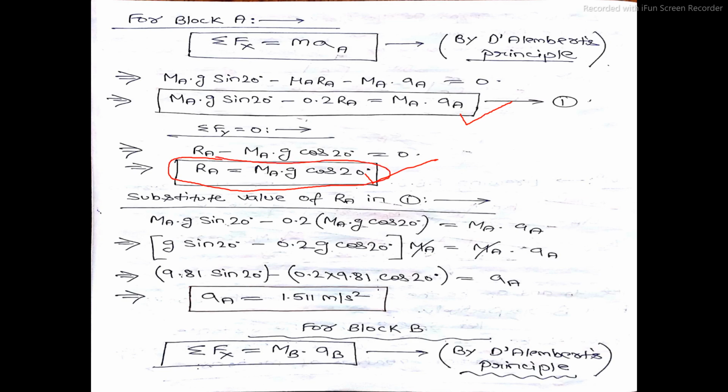Now we will substitute the value of Ra, which is mag cos 20, in equation number 1. We will get mag sine 20 minus 0.2 into Ra, Ra is mag cos 20, equal to ma into Aa.